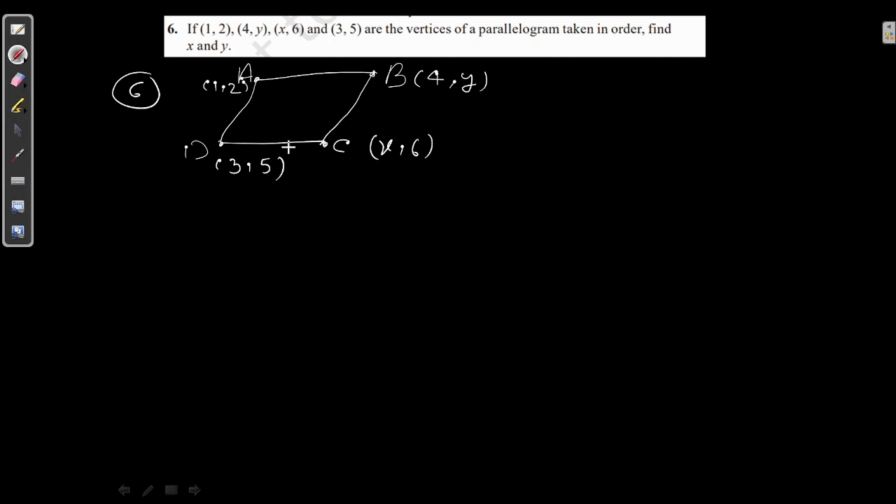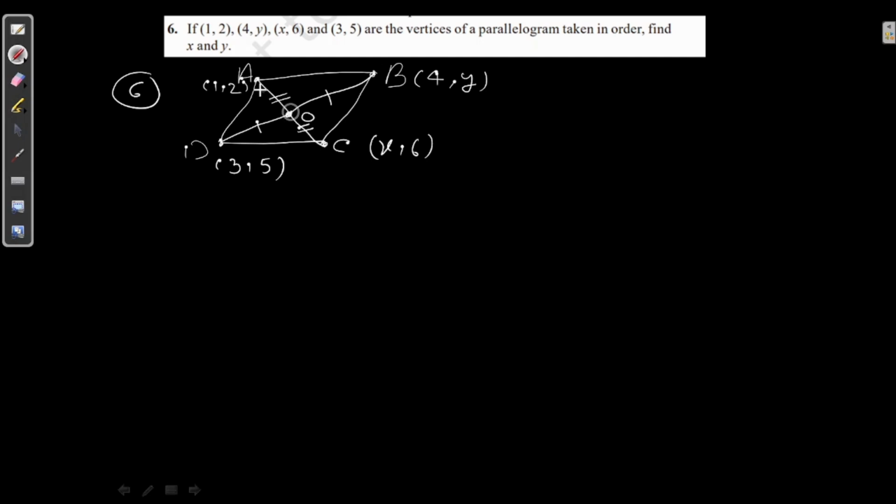Listen, in coordinate geometry, if the question is on a parallelogram, I think Example 10 in your book is a problem of the same type. In a parallelogram type of problem, you draw both the diagonals. Let's say this is diagonal BD and this is diagonal AC. Last year we studied the property that the diagonals of a parallelogram always bisect each other, meaning OB will be equal to OD and AO will be equal to OC.